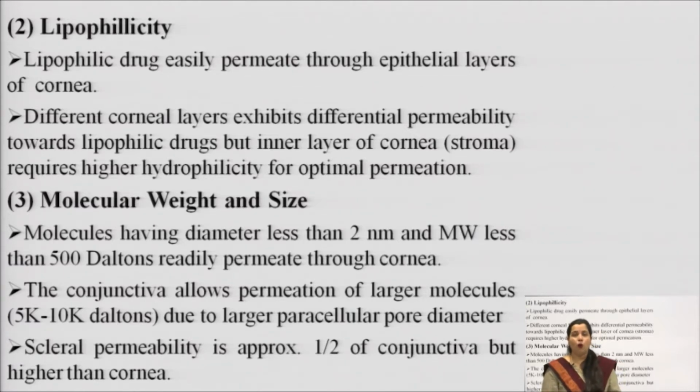You should know what molecular weight candidates can have and what molecular diameter, in terms of physical properties, the drug candidate should have. The conjunctiva allows permeation of larger molecules, like 5,000 to 10,000 daltons, due to its large paracellular pore diameter.